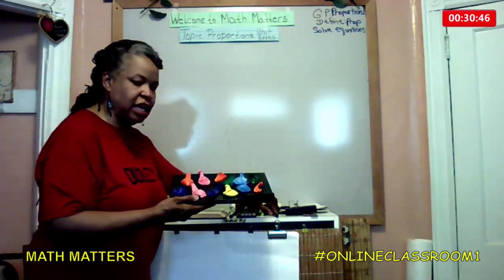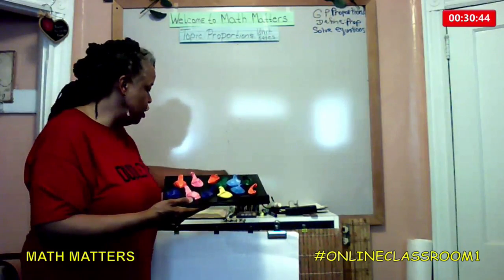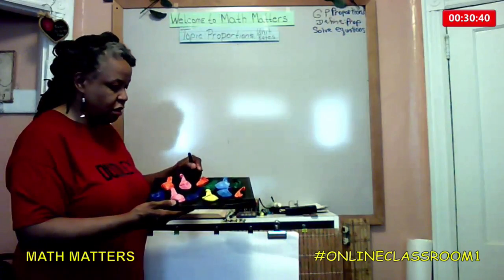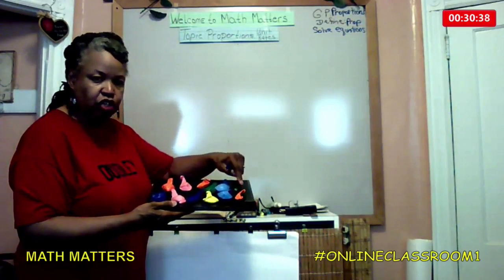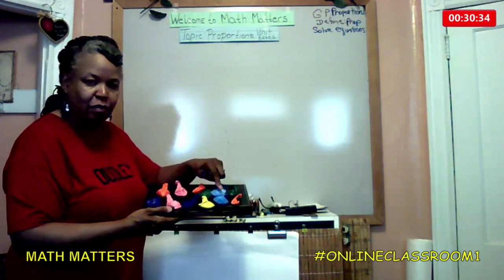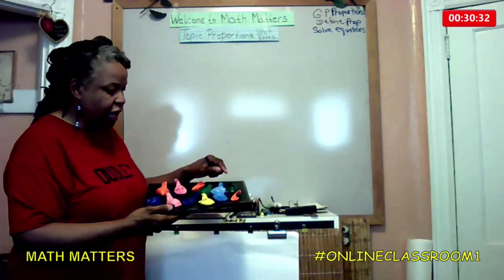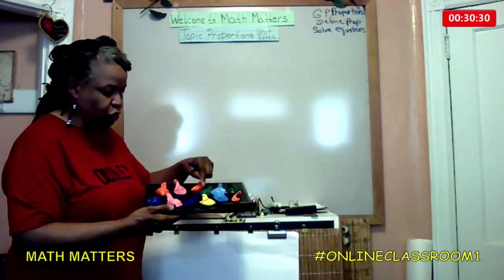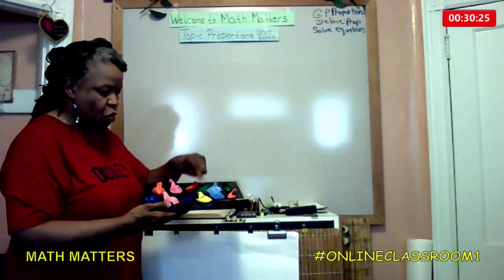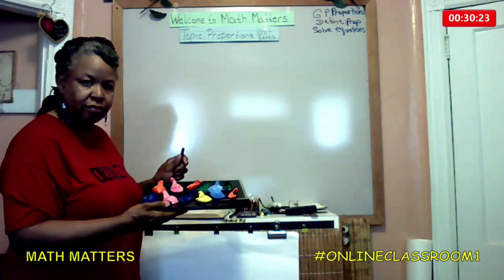So if you see here, I've got so many orange, 1, 2, 3 orange balloons, and I've got 2 light blue balloons, and I've got 2 green balloons, and I've got 2 blue balloons, 1 yellow and 1 pink.